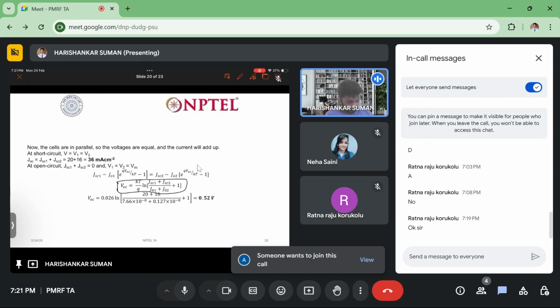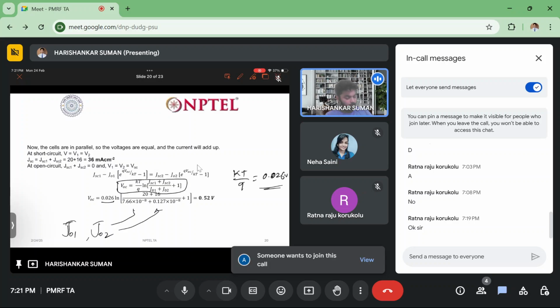So kT by q at room temperature is 0.026 volt. Put the value in ln, and JSC is 20 and 16, and we have already found out the J01 and J02 for first and second solar cell.